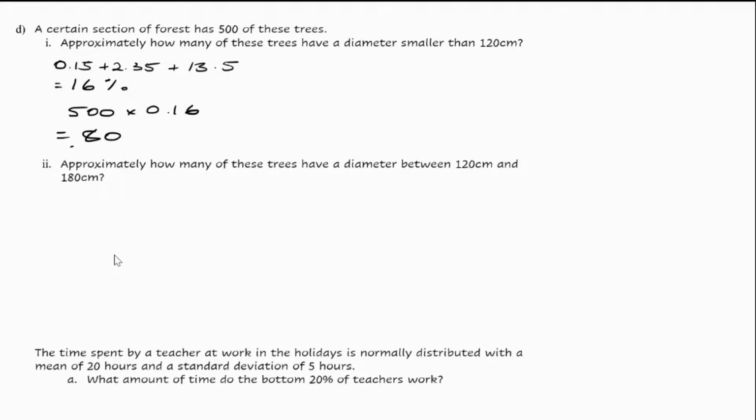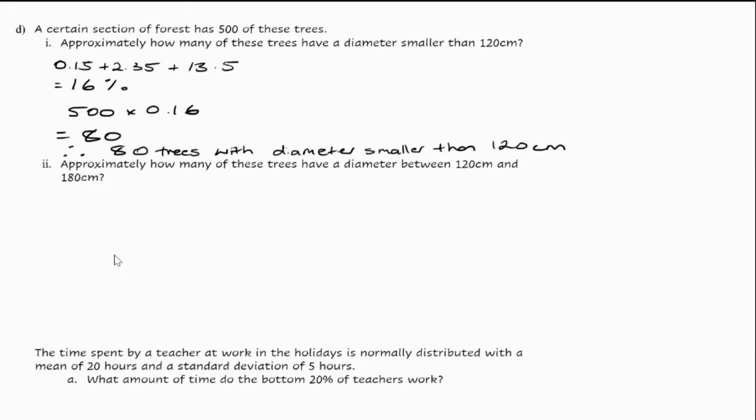So therefore we've got that there are approximately 80 trees with diameter smaller than 120 centimeters.